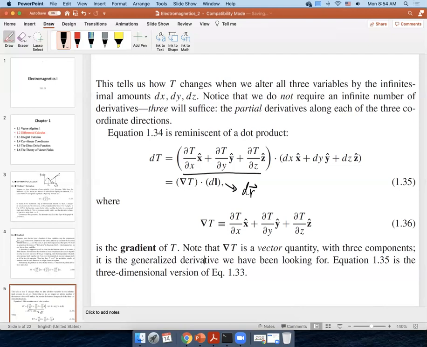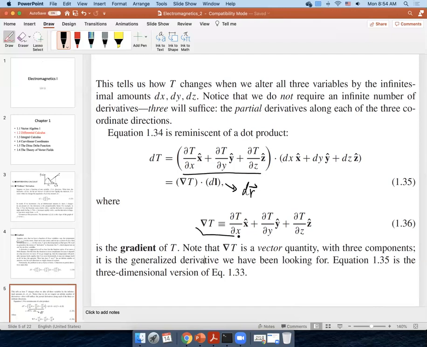It's a change of location. So now the derivative dT could be written in this way, and then we define del T as partial T partial x in the x direction plus partial T partial y in the y direction plus partial T partial z in the z direction, which is called the gradient of T.